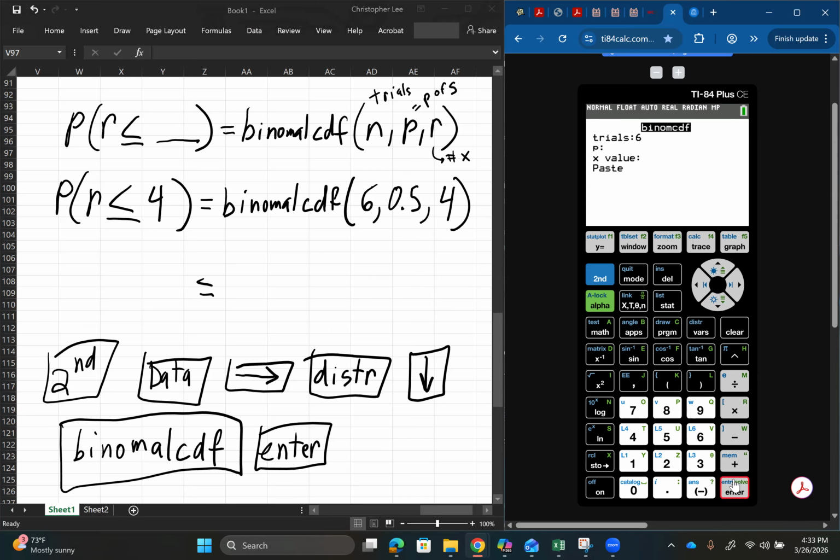My probability of success is 0.5. And my X value, remember, is the same thing as my number of successes. That's going to be 4. So it should come out like this: binomial CDF 6, comma 0.5, comma 4. Enter, and then you get the answer.